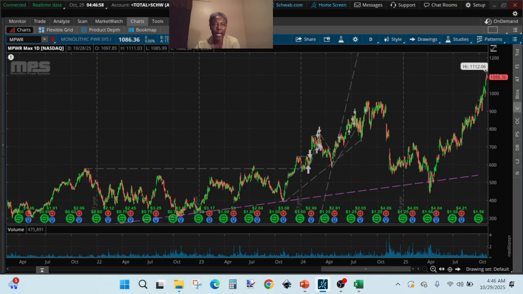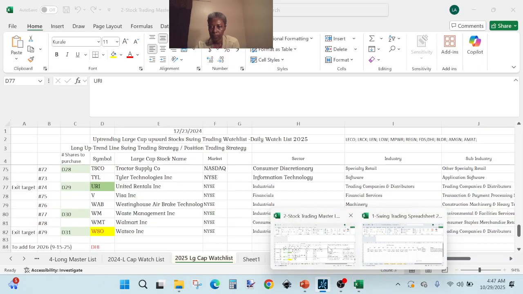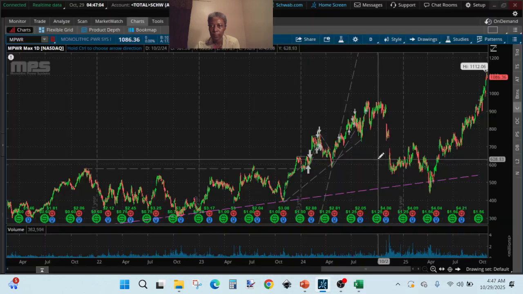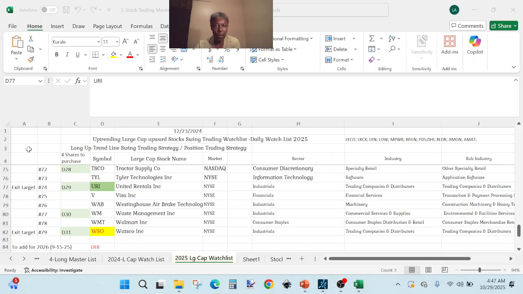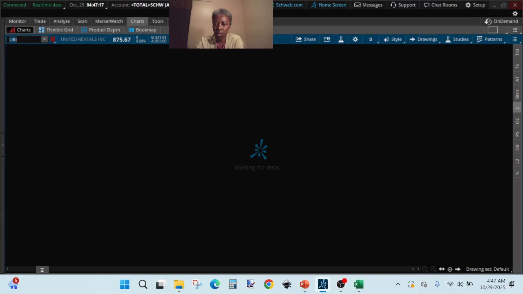So if we take one of the stocks that we are going to analyze today and look at the chart.